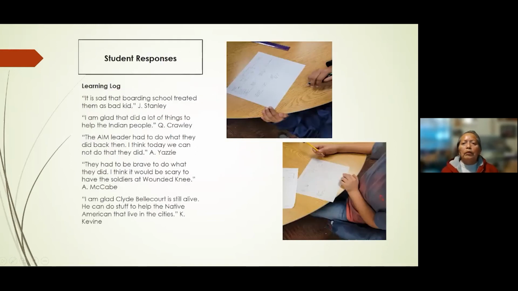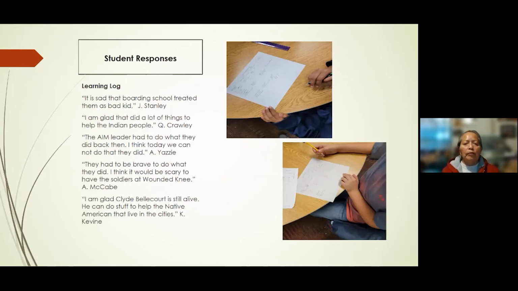And I kept learning logs so students could input and reflect on what they learned about the discussion for the day, or what their thoughts are about what they have learned so far. And I'm just putting some quotes of students. Joshua stated that it was sad that boarding school treated them as bad kids.